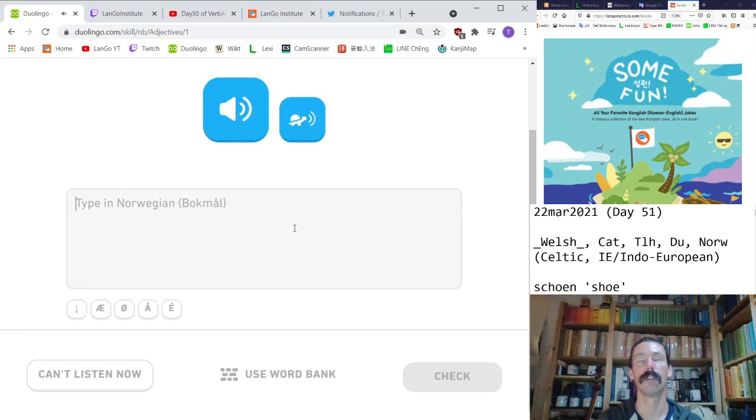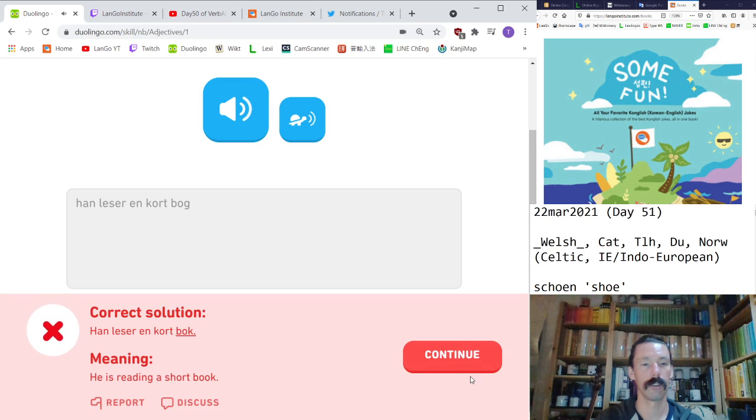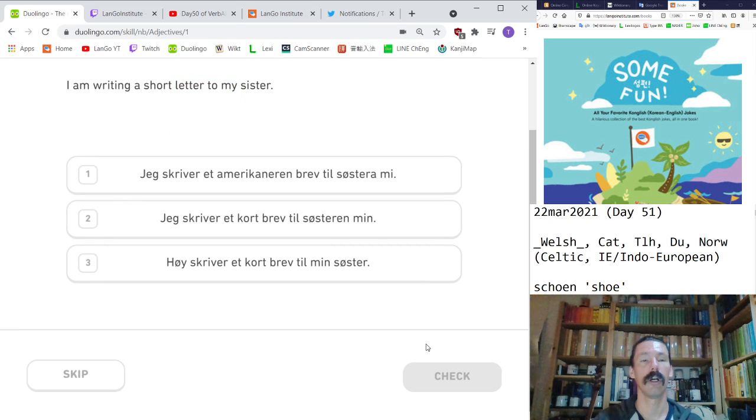Han leser en kort bok. He reads a short book. Han leser. I think it's just E-S-E-R. En kort bok. Han leser en kort bok. I am writing a short letter to my sister.